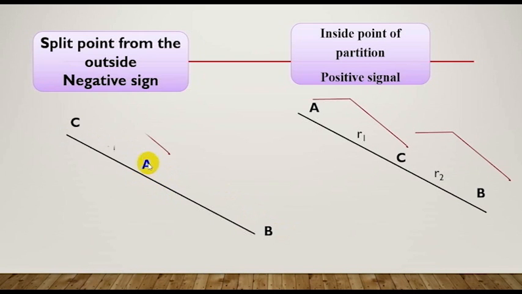So R1 will be the small one, this one, and R2 will be this one, the longest one, because all the time R1 represents the distance between A and C, and R2 represents B and C.